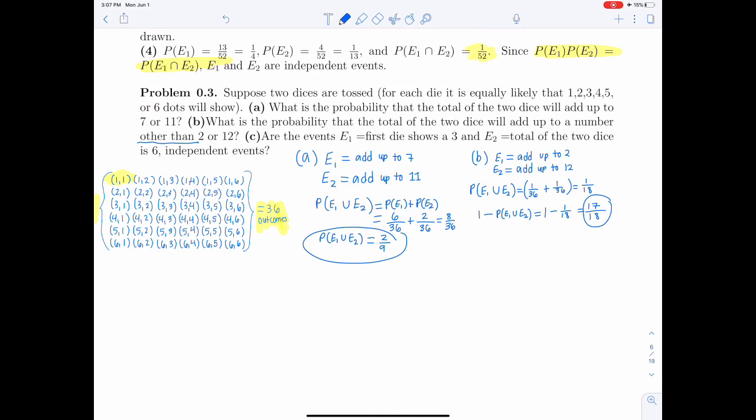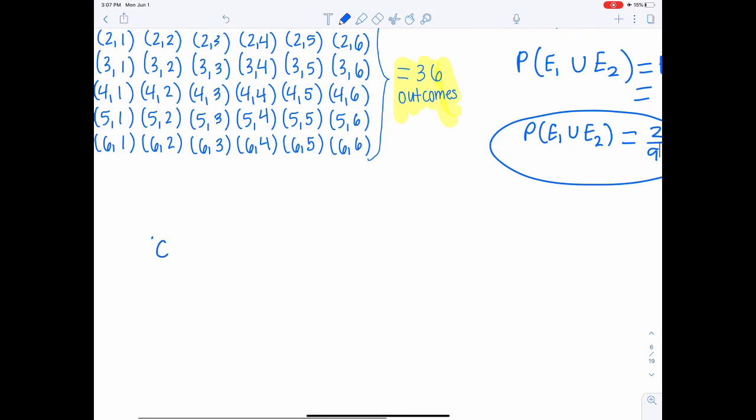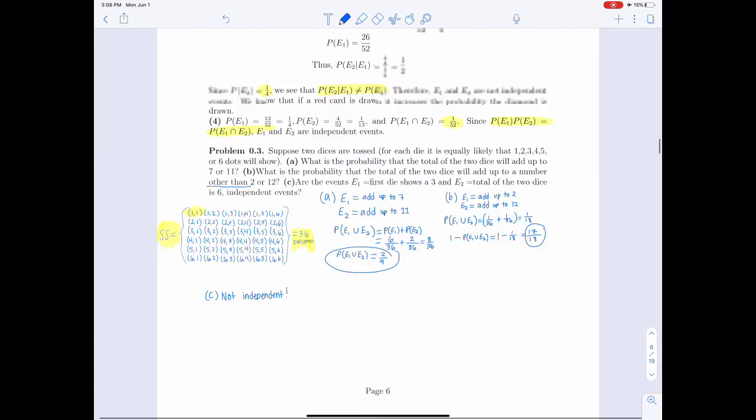And since the sum of the 2 dice being 6 is dependent on the first die being 3, that would affect what's happening here. So I'm going to say not independent, because we don't really need to prove it if you think about it.